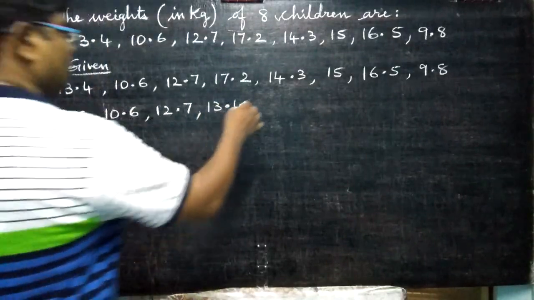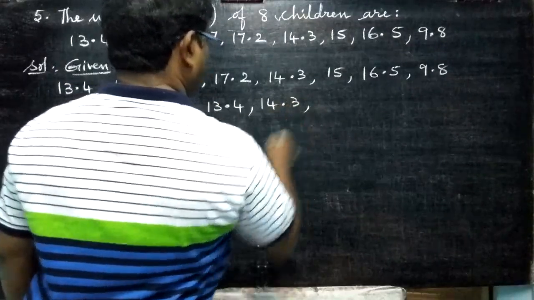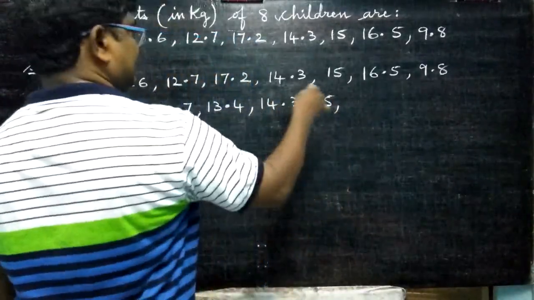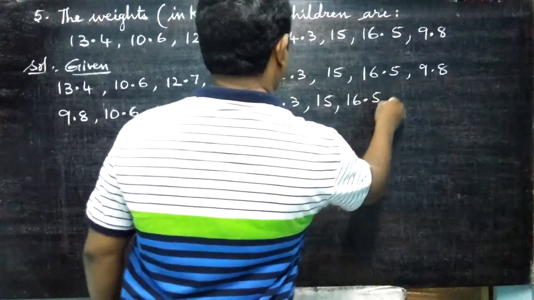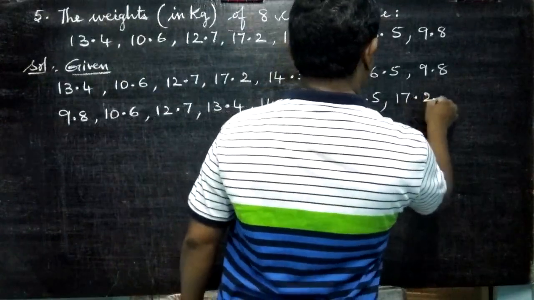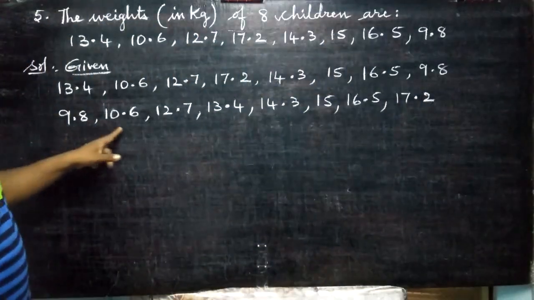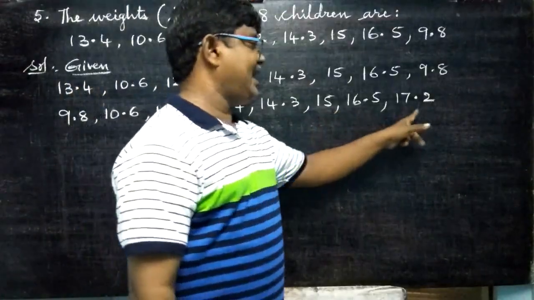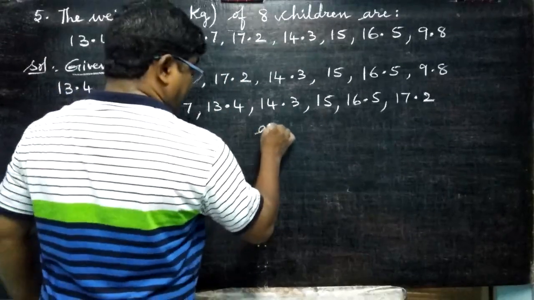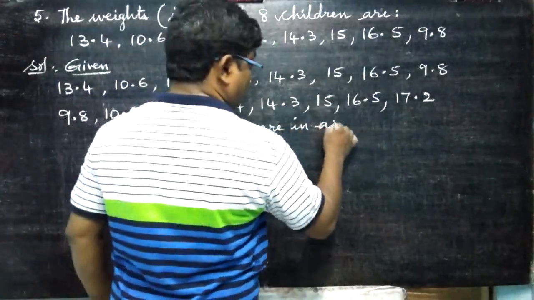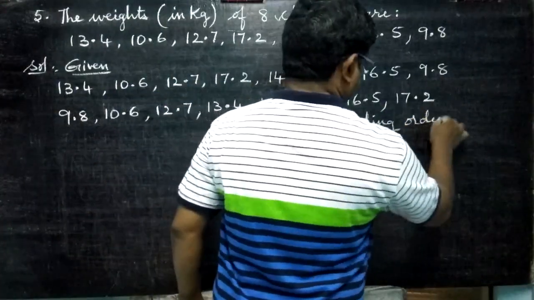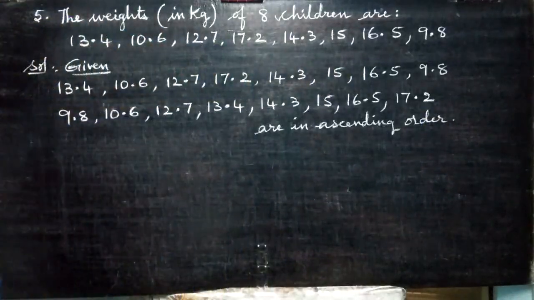After 14, 15, then 16: 16.5, next 17.2. How many children? 1, 2, 3, 4, 5, 6, 7, 8. Cross checking whether we wrote all observations. Writing in words: are in ascending order. Don't forget this word.